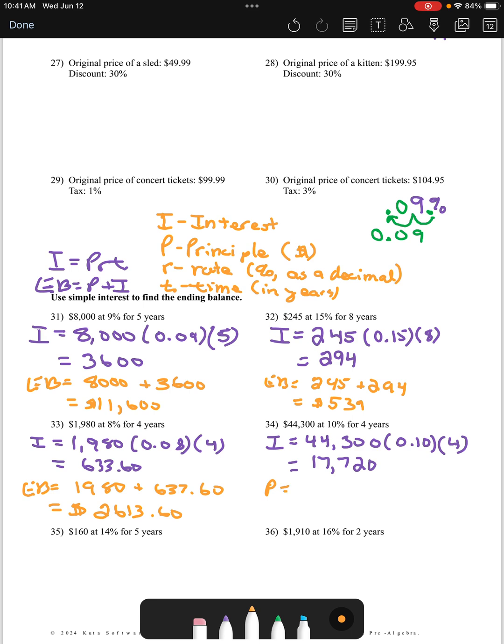Our ending balance is our principal of $44,300 plus our interest of $17,720. Our ending balance on this problem is $62,020.